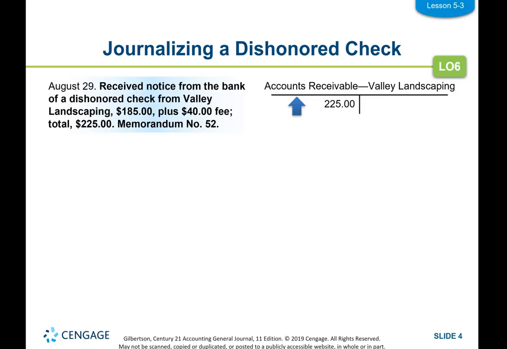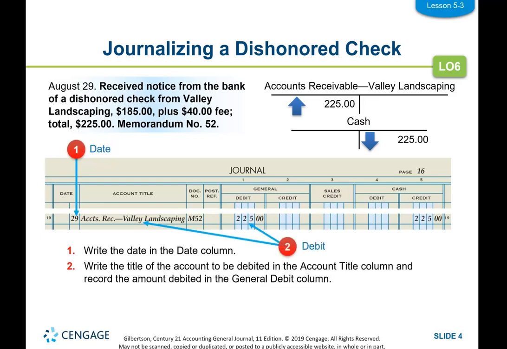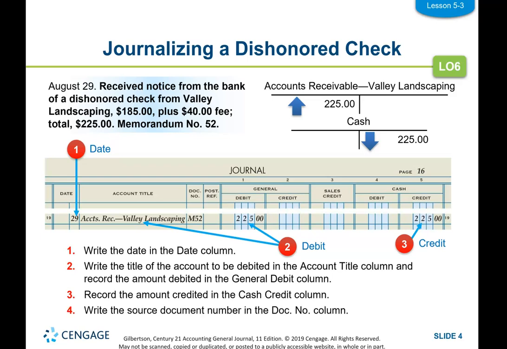So the accounts receivable has a debit of $225 and cash has a credit of $225. So we date, title, and debit, and then record the credit. And then, of course, we need a source doc.